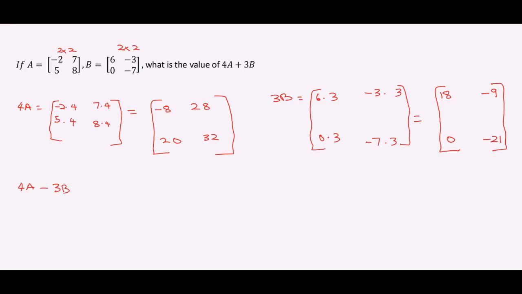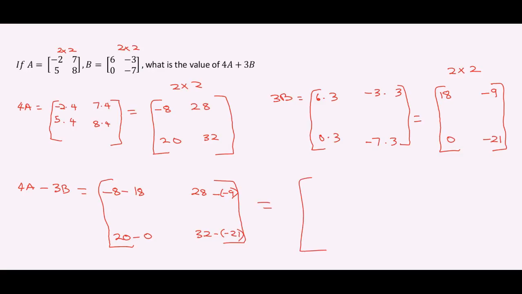minus 3B, which is going to give us, the first step is going to be looking at the size of the matrix. So there we have 2 rows by 2 columns. We have 2 rows by 2 columns, so we can do a subtraction. So we have negative 8 minus 18, 28 minus 9, 20 minus 0, 32 minus 21.